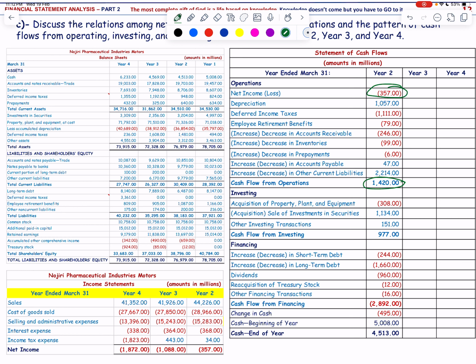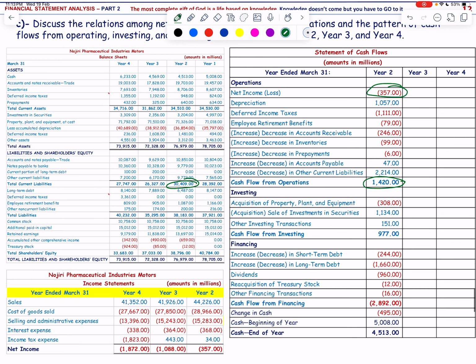Now, this is primarily due to the strategy of stretching the payment to current creditors. You can see over here the current creditors for year number 2, 30,409, and they have also sold the investments in securities as well.